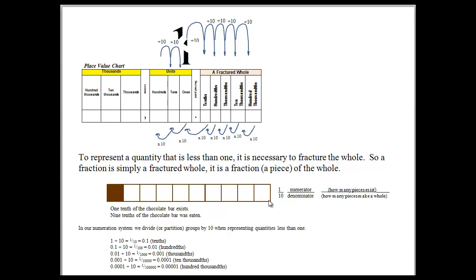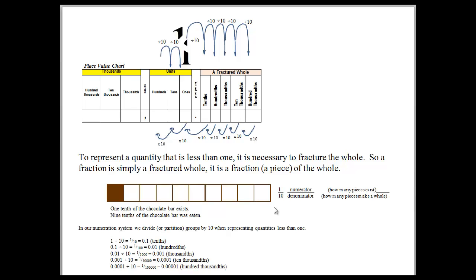I didn't want to eat the whole thing. I want to share some of it. Let's say there are 10 people, so I have 9 other friends that I want to share this with. Well, I'm going to fracture this whole into 10 pieces. So I'll take a piece, and then I'll give a piece to each of my 9 other friends.